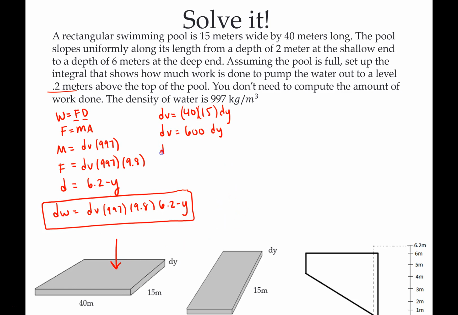So I'm going to get a dW of 600 dy, and then I'm going to put everything else back in: 997, 9.8, and I do need parentheses around that. I like to put my dy at the end because that's how we're going to integrate. So I'm just going to rewrite everything. You don't have to.